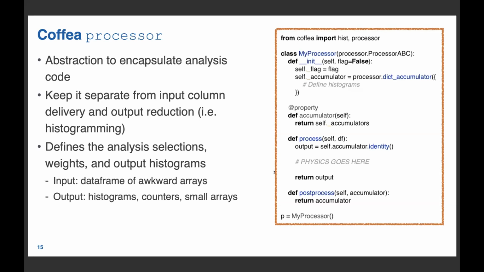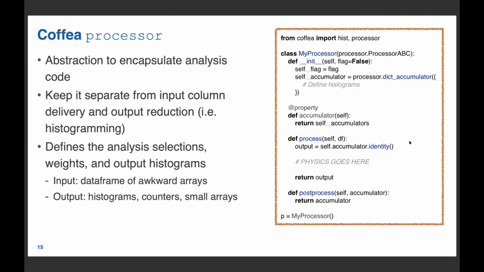Everything that is the definition of the analysis selections, the application of the weights, and the definition of the output histograms is encapsulated in a Coffea processor, so that you can keep it separate from the way input columns are delivered and the way the output is reduced.